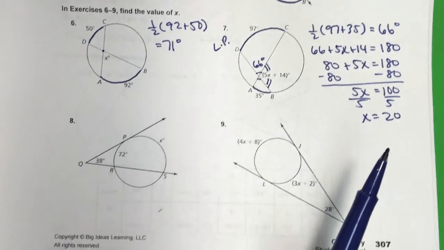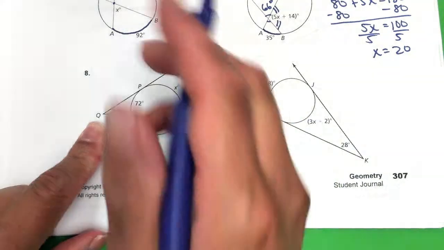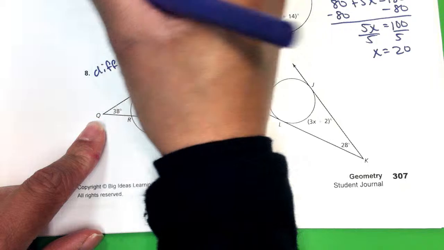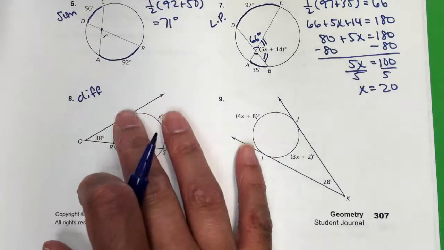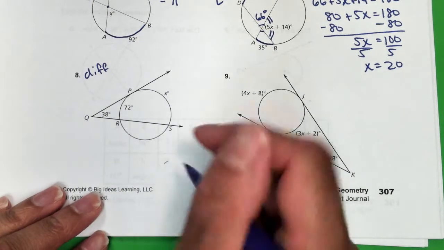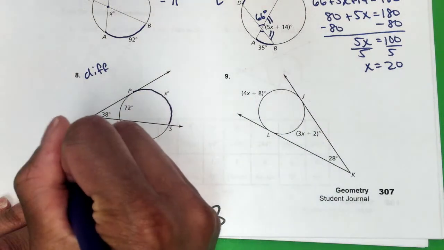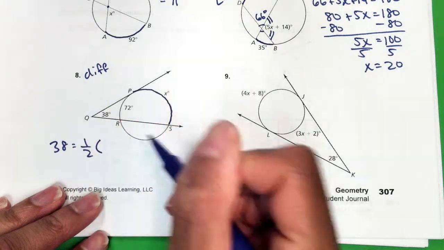The next one at the bottom, because it is on the outside, I'm going to use the difference. For number 6, I used the sum. I use the difference here. So if I want to find x, I know that our small number here, 38, will equal 1/2 of the difference.